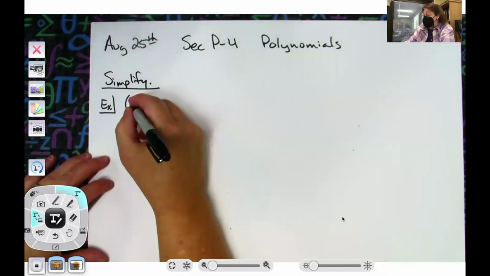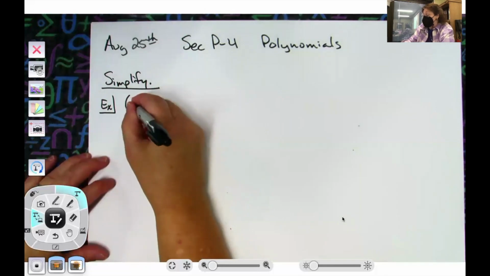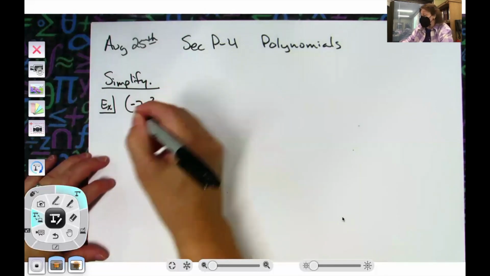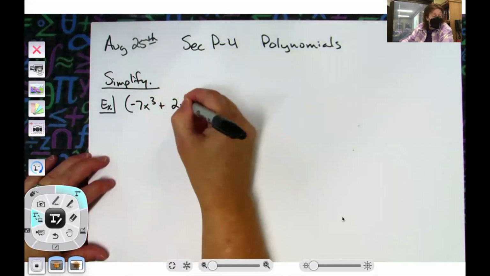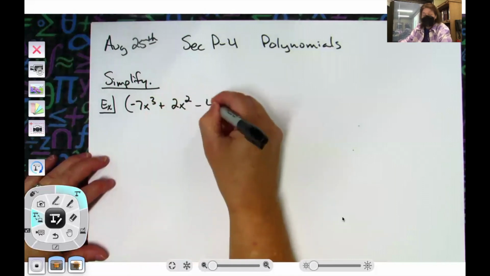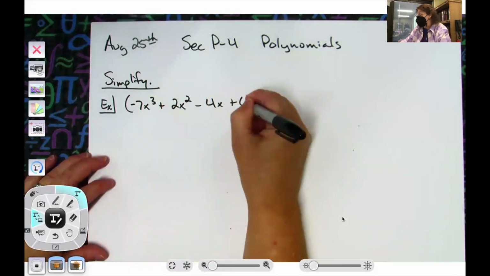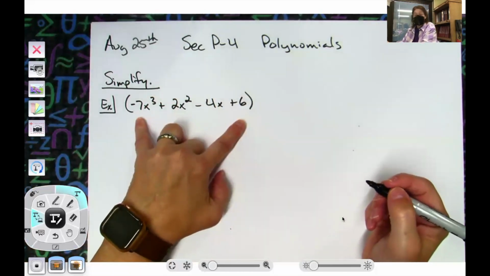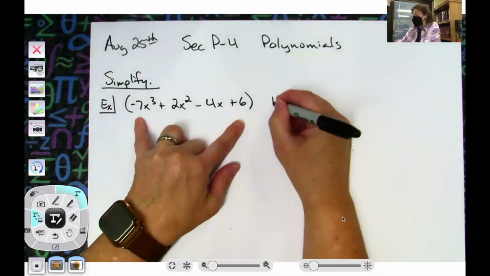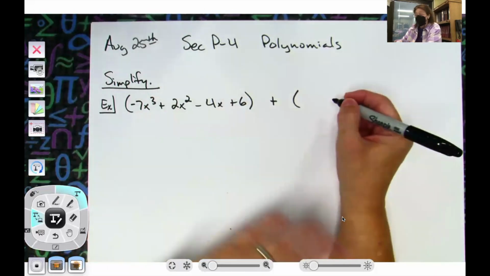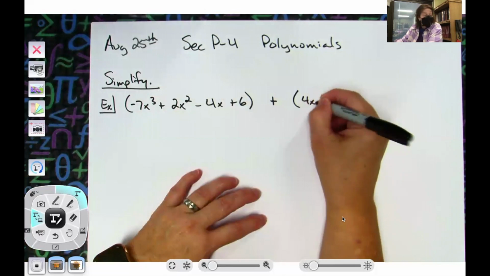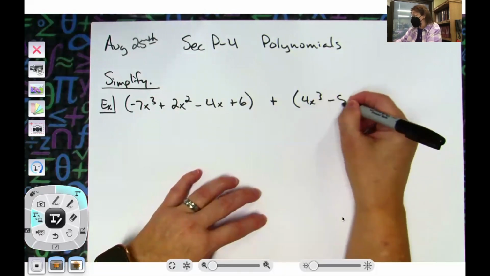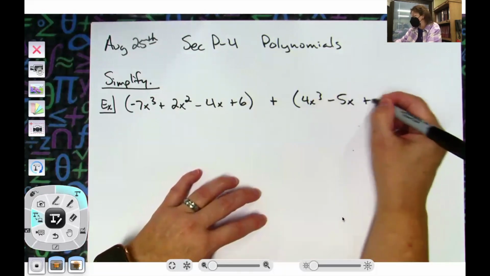So they put a set of parentheses around, and then they'll go negative 7x to the third plus 2x squared minus 4x plus 6. That set of parentheses indicates that that is a polynomial. And then maybe they will either add or subtract, and they'll give you another polynomial, 4x to the third minus 5x, maybe plus 8.